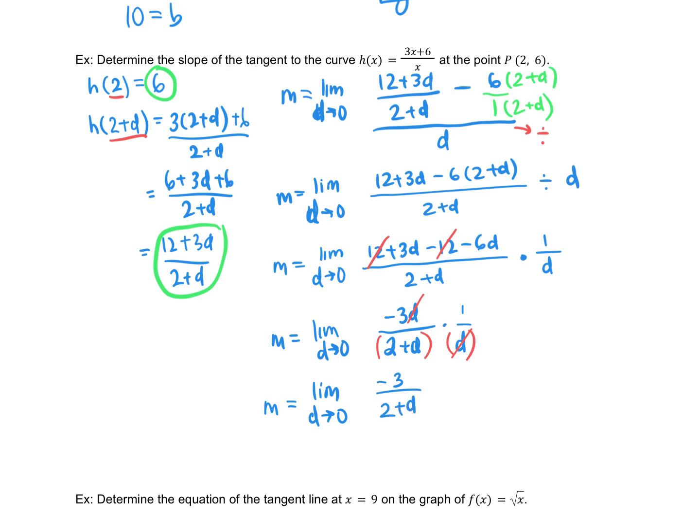And now I have no issues with substituting 0 in for d. And we're left with negative 3 over 2 plus 0, which gives us a slope of negative 3 over 2 for this specific tangent line. And that's how we would approach a rational function with that common denominator.